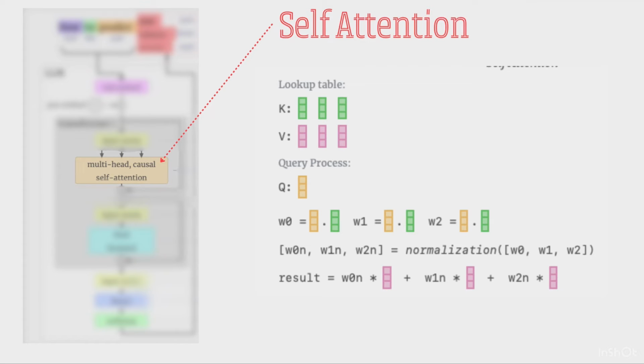So one Q vector and multiple key vectors, we take the dot product, and then we normalize the weights. Finally, we use them to multiply with the corresponding V vectors, and then we add all the values up. So this is the idea.